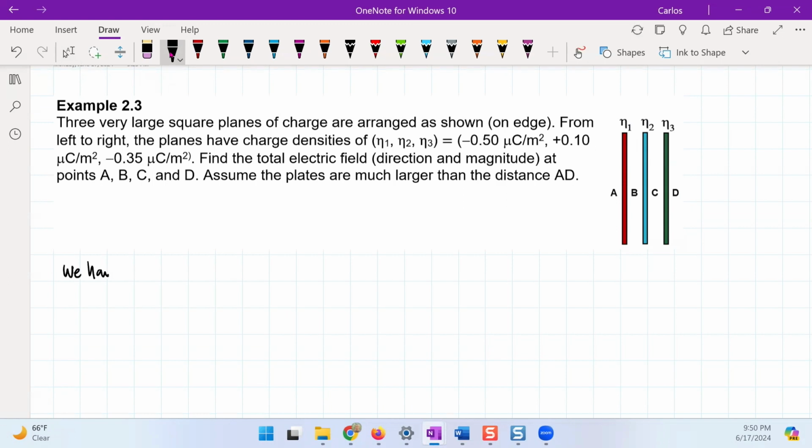We have three infinite charged planes, not plates, but planes. It's the same thing.